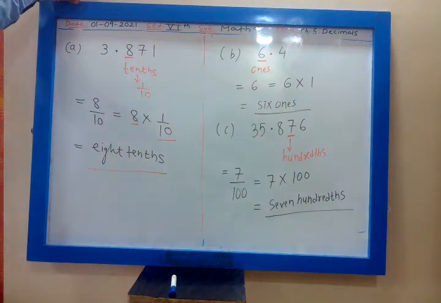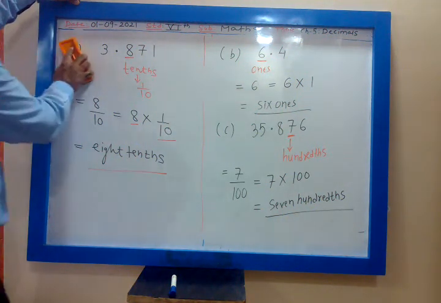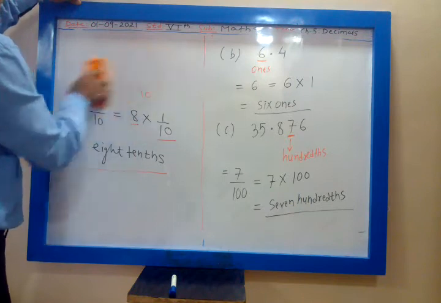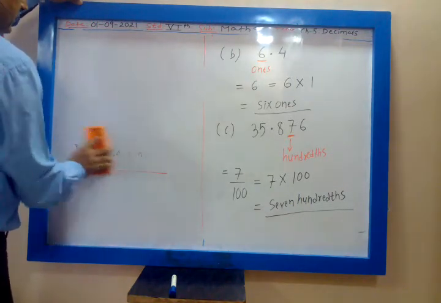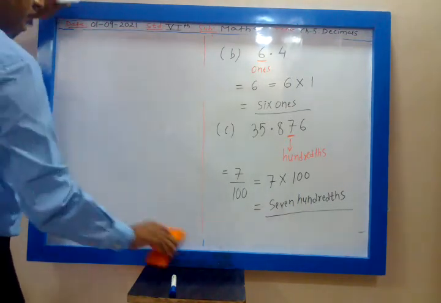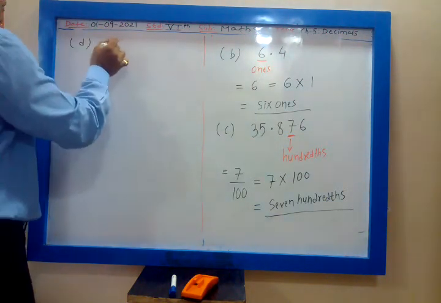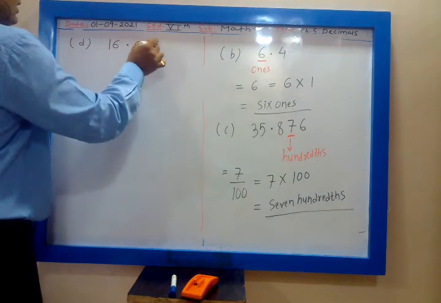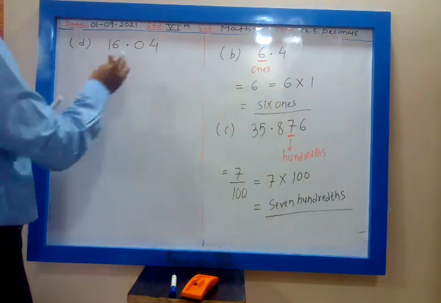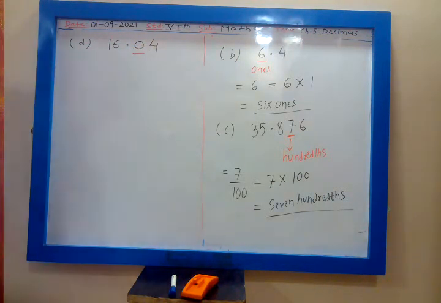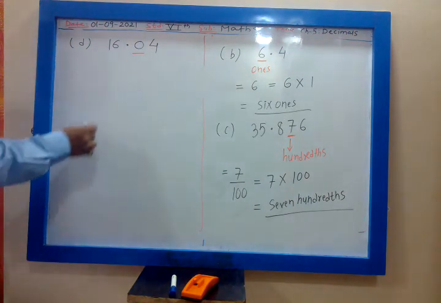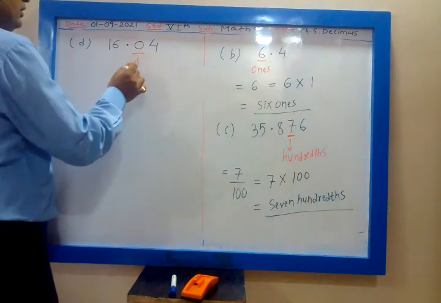Now next is 16.04, part D. The underlined digit is 0. What is the position of 0?